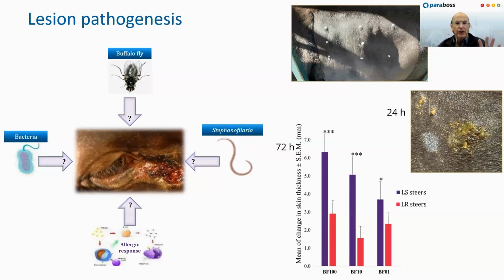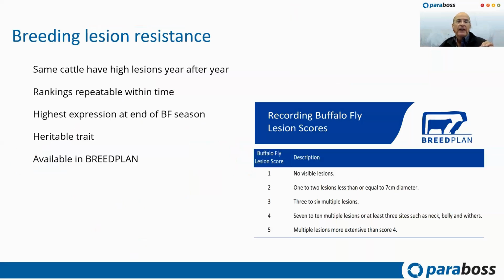Now, this is good news in terms of breeding, because this says that there's a difference between animals in whether they actually develop lesions or not, that there's an animal response and that it's different between animals within a herd. And so in terms of breeding for lesion resistance, once again, we know that some cattle have high lesions year after year, and it's the same animals.